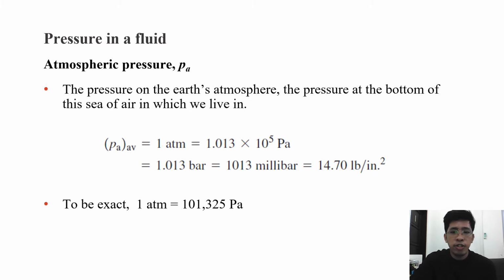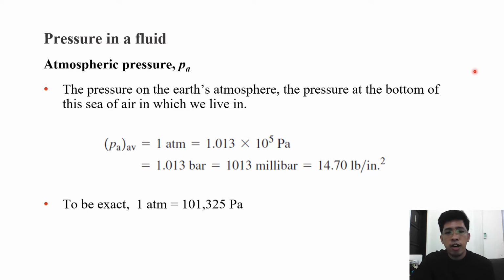So we have what you call your atmospheric pressure, and you always hear this one, your atmospheric pressure, pA. The pressure of the Earth's atmosphere, which is the pressure at the bottom of the sea of air in which we live, is equal to pA. On average, this is equal to 1 atm or 1 atmospheric pressure.